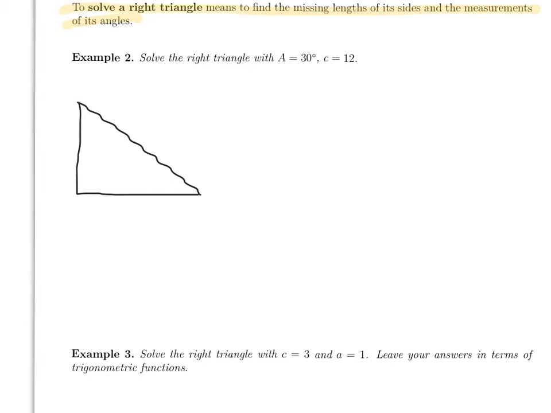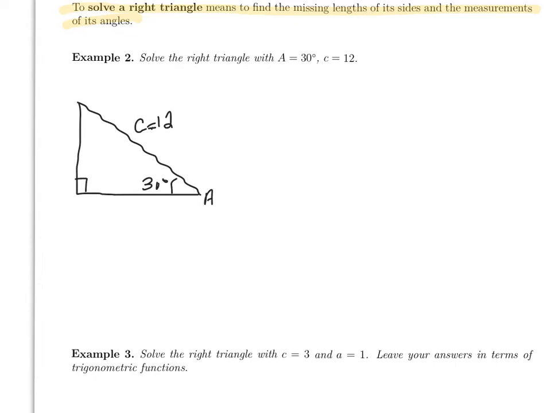Okay, so we know that the hypotenuse C is 12. That's opposite the right angle. Angle A, you can pick either one of your angles to be angle A. So I'll use the one at the bottom right. I'll call that angle A. That's 30 degrees.